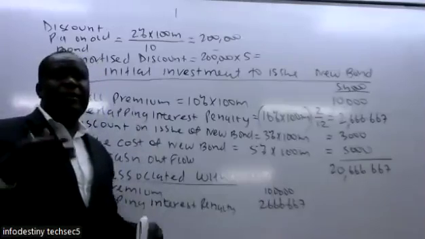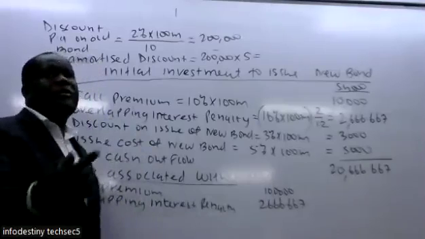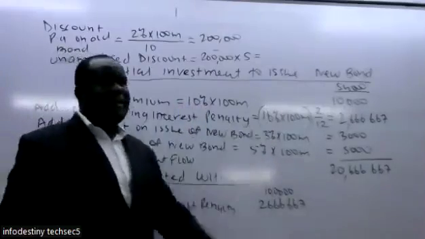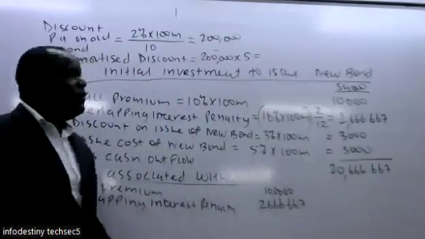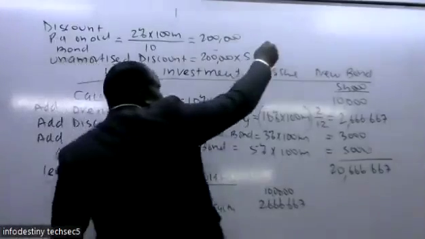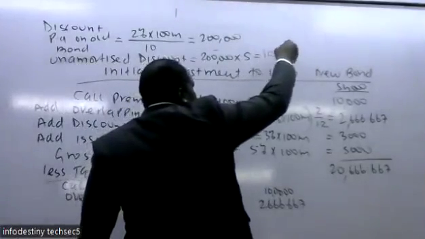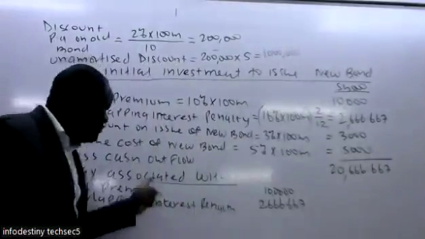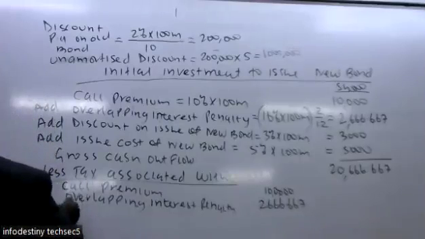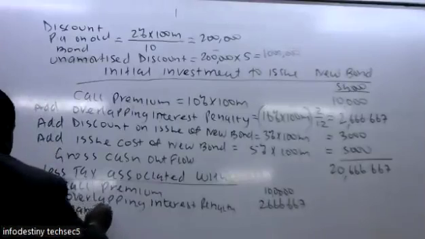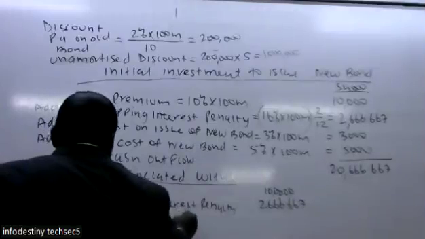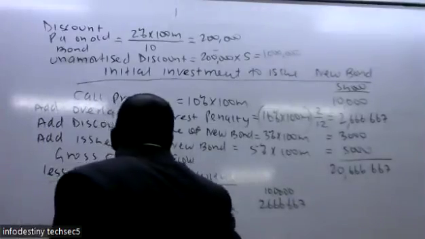In case it has not been written off, it means we have not paid tax on it. It was a contract that we entered into, so we must pay tax on that amount that we have not written off. That amount should be how much? It will give you 1 million. So that figure, we include it among the items to be taxed: the amortized discount on the old bond.